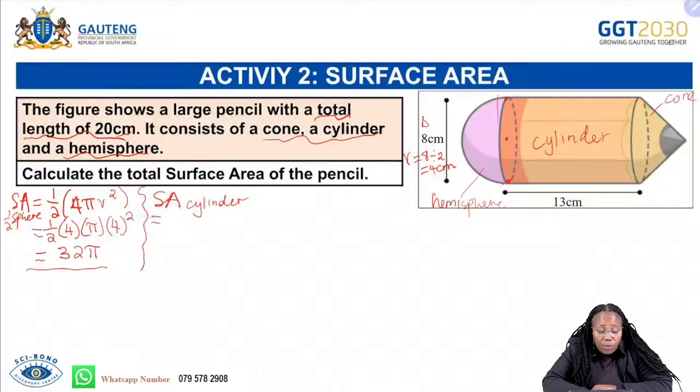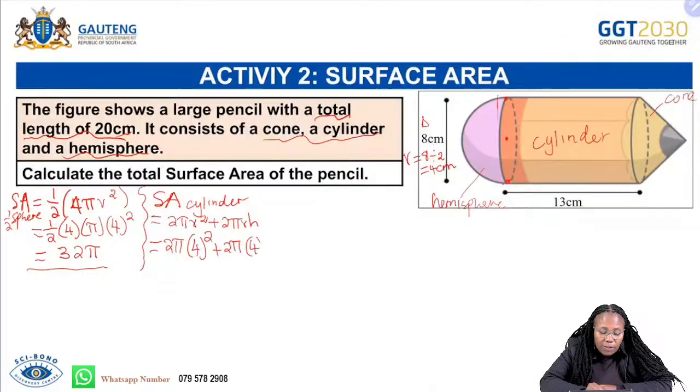And then the formula is 2 pi r squared for the 2 circles, plus 2 pi r h for the side, if you cut it off. So this will be 2 into pi with the radius of 4 squared, plus 2 pi with the same radius of 4.